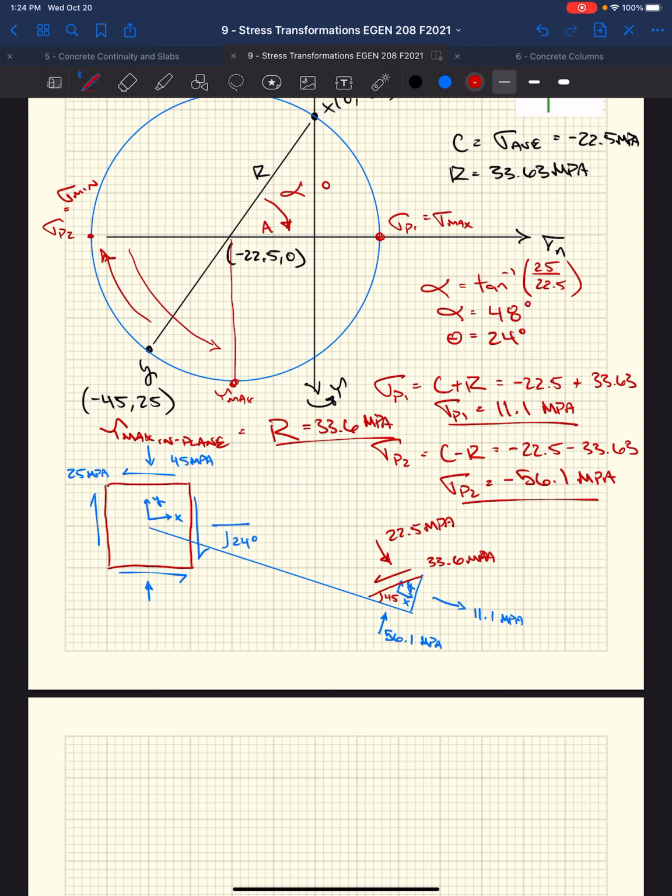Draw your full stress block, and then if you went back to this original stress state, you would be rotating down, right, to our tau max, which would be 24 plus 21 to get to 45 degrees between these. And so you'd have a stress block up here, and it would just be showing you the same stuff.